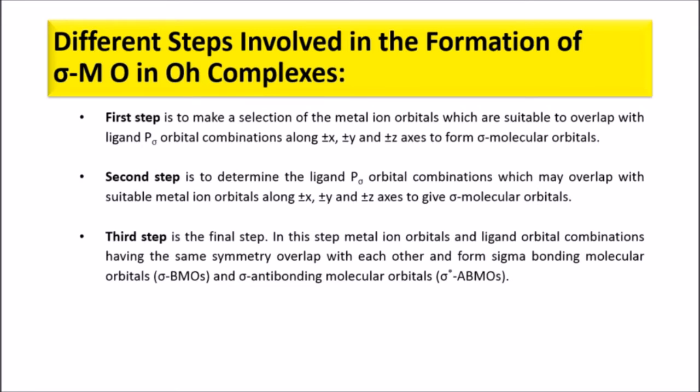So the third step indicates the overlapping between the p sigma orbitals of LGOs, that is ligand group orbitals, which have the same symmetry match with the valence orbitals of the central metal ion, and this overlapping results in an equal number of BMOs and an equal number of ABMOs.